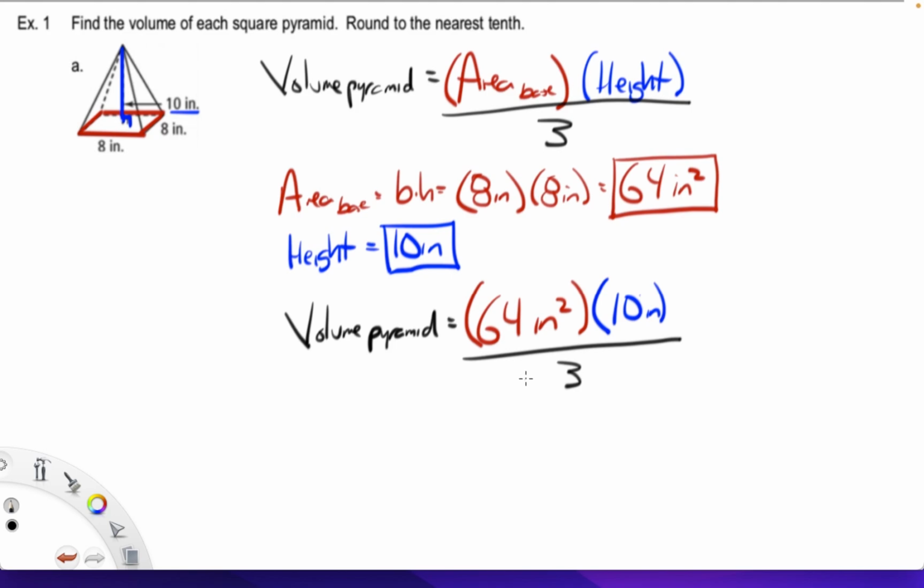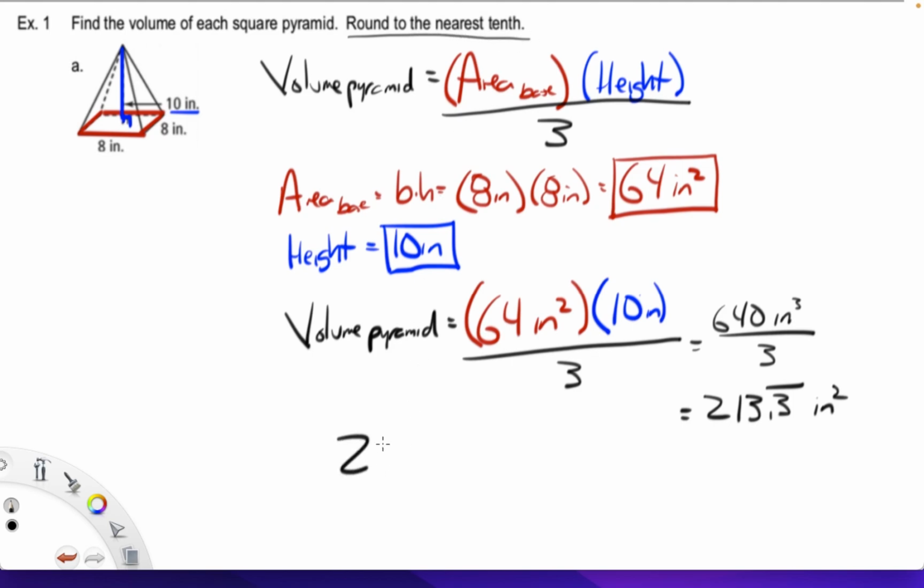So when I do that, I get 640 cubic inches over 3, which if I divide that, is equal to 213.3 repeating cubic inches, and it wants me to round to the nearest tenth, so the answer would be 213.3 cubic inches.